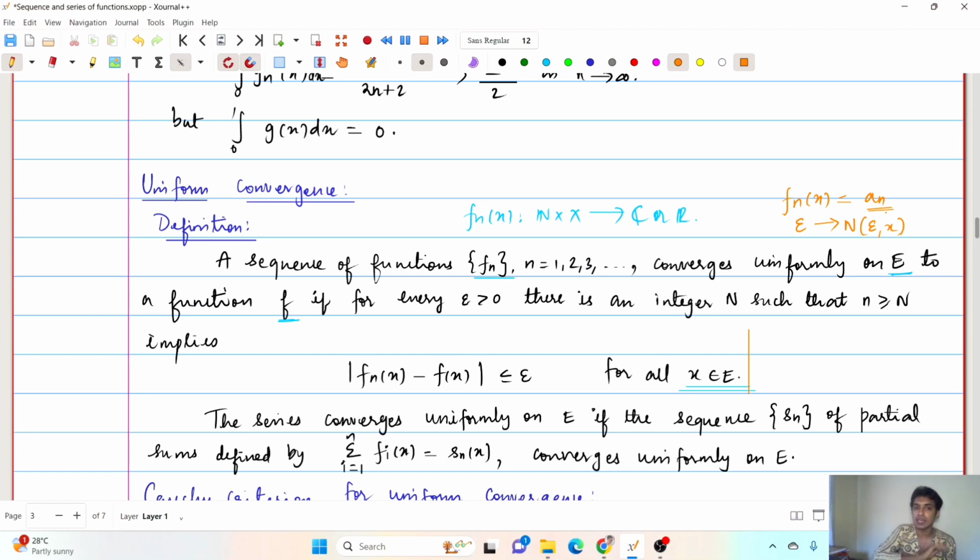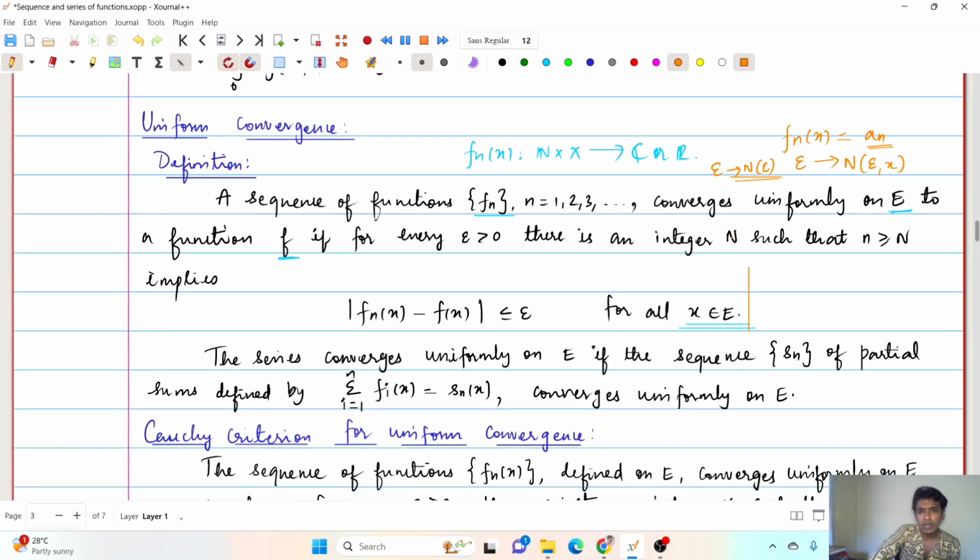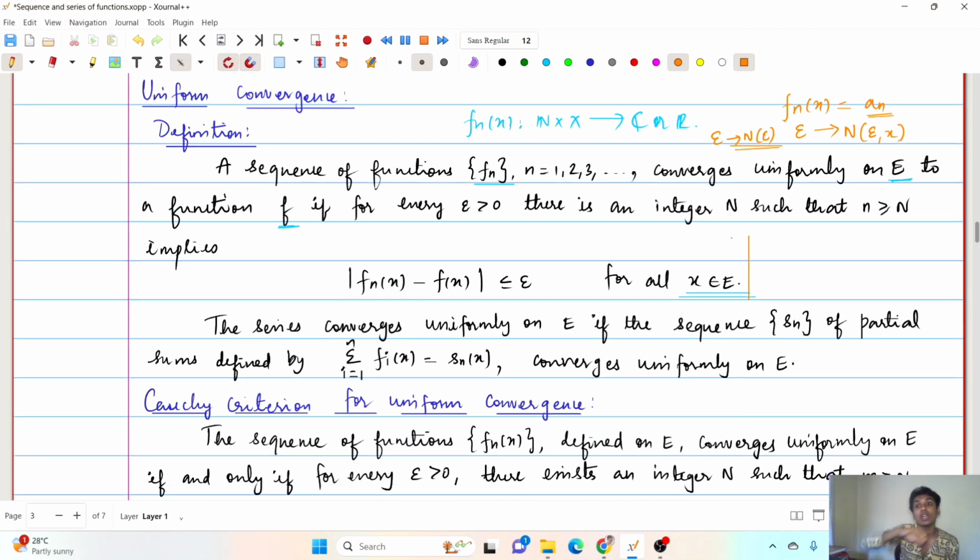In the case of uniform convergence, whatever epsilon we choose, we will have to identify some N that depends completely on epsilon, not on x. So the same N has to work for all x in E. If we are able to identify one uniform N for any given epsilon, we can say that the sequence converges uniformly.